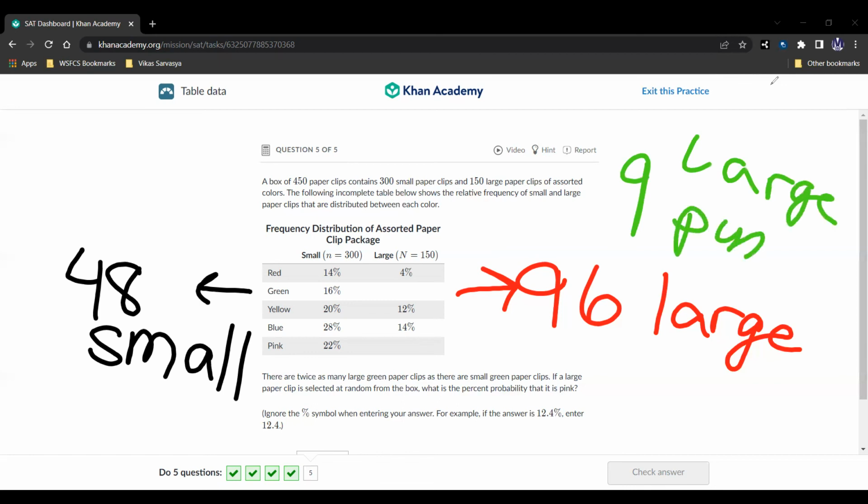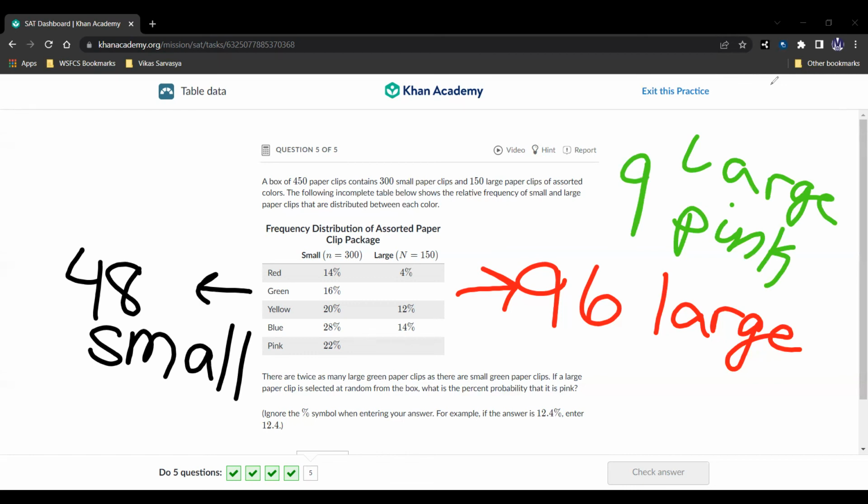pink paper clips. And they're asking us for if a large paper clip is selected at random from the box. So out of that 150, a large paper clip selected at random, what is the percent probability that it is pink? So this is only out of the large paper clips, because we know that it's a large paper clip selected.